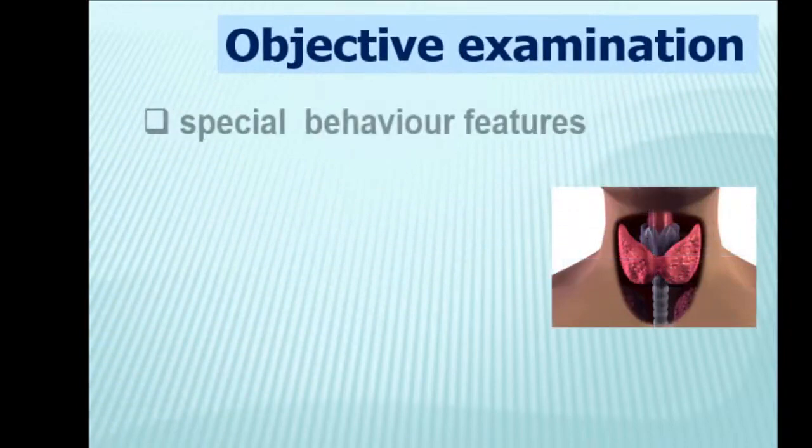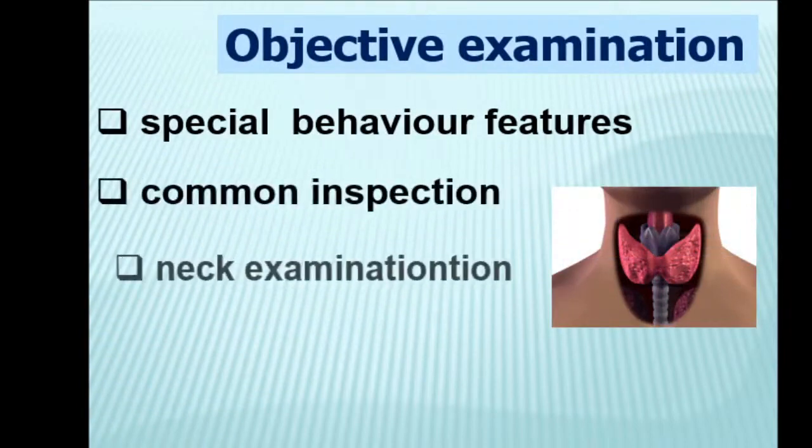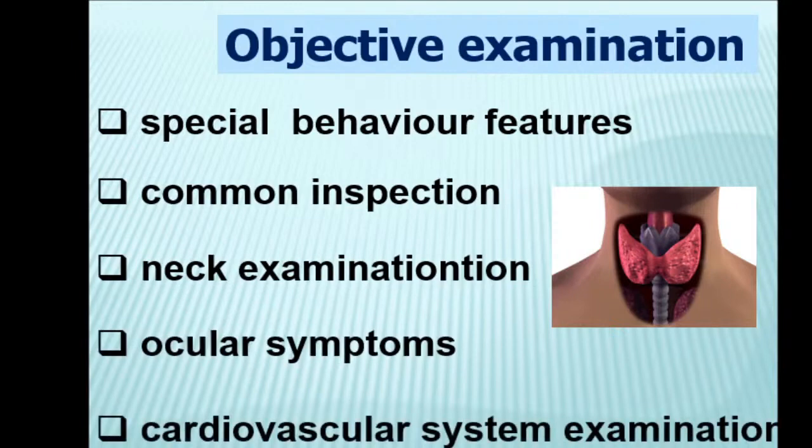What can you reveal? First of all, we'll pay attention to the special behavior of the patient. His behavior is non-adequate, which is revealed on common inspection. Then we'll obligatorily examine the neck with inspection and palpation to assess the size and consistency of the thyroid gland.